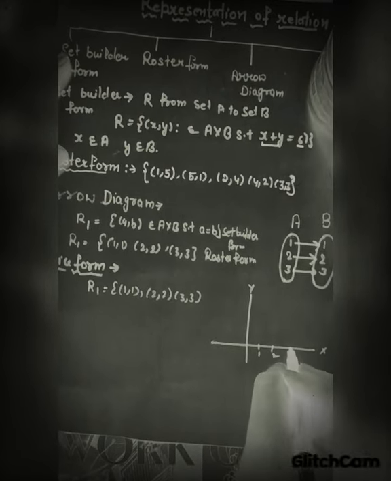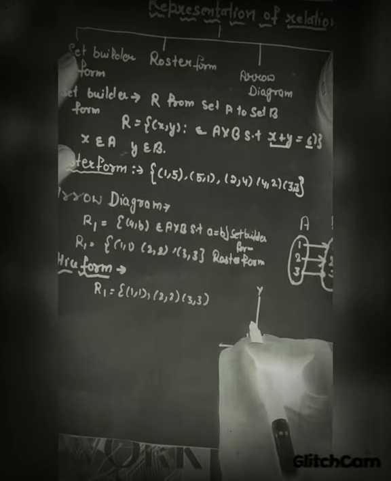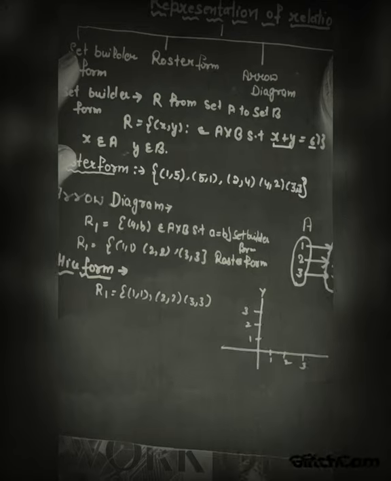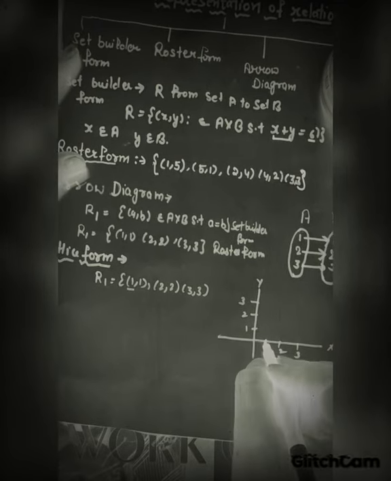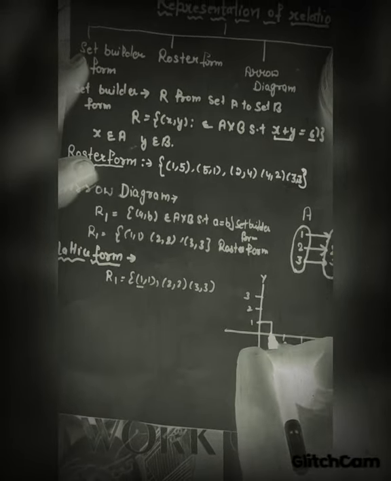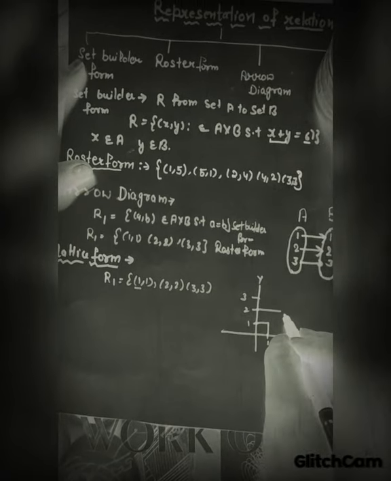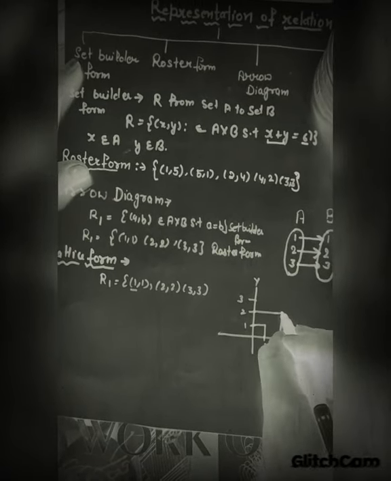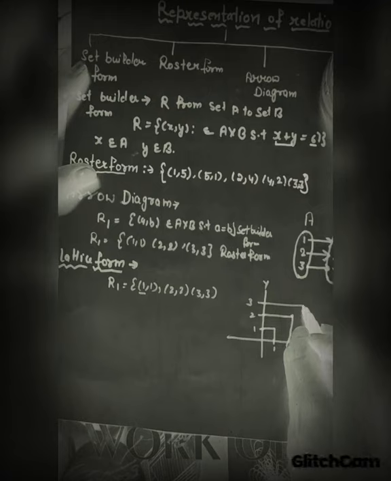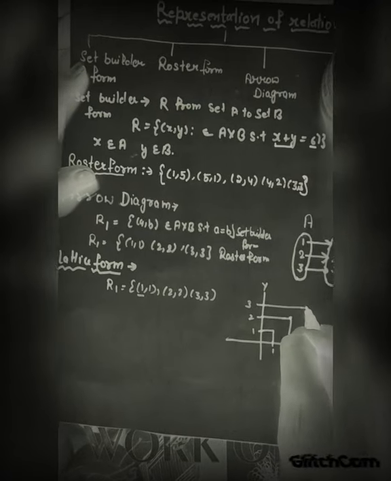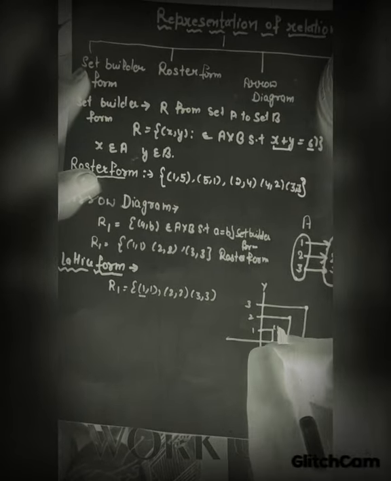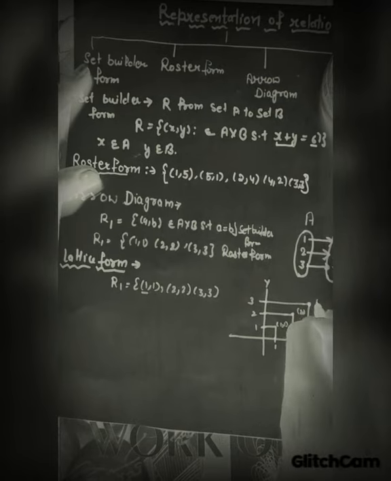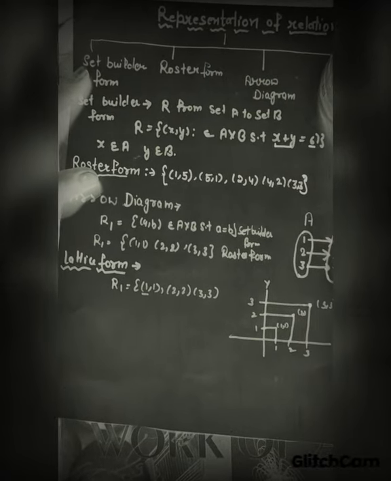This is 1, 2 and 3, and here this is 1, 2 and 3. Then 1, 1. Next, x is 2 and y is 2, that is (2, 2), and next x is 3 and y is 3. This point is (1, 1), this point is (2, 2) and this is (3, 3). This is called the lattice form.